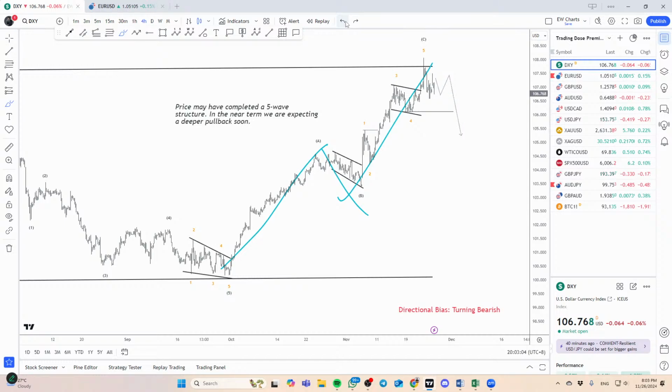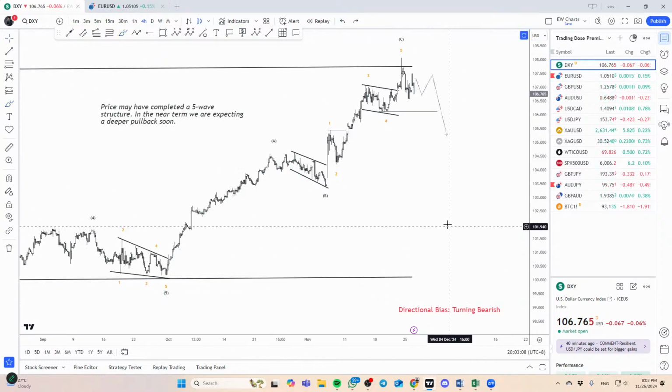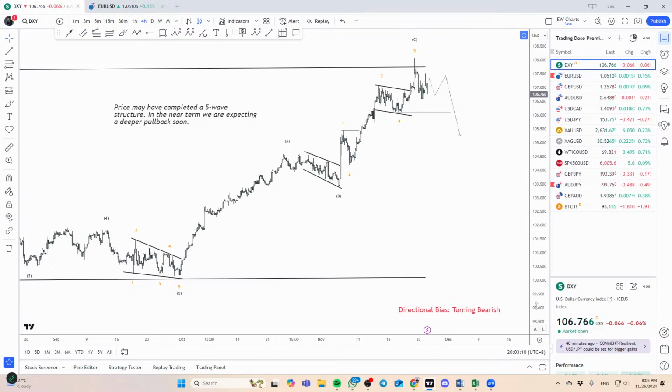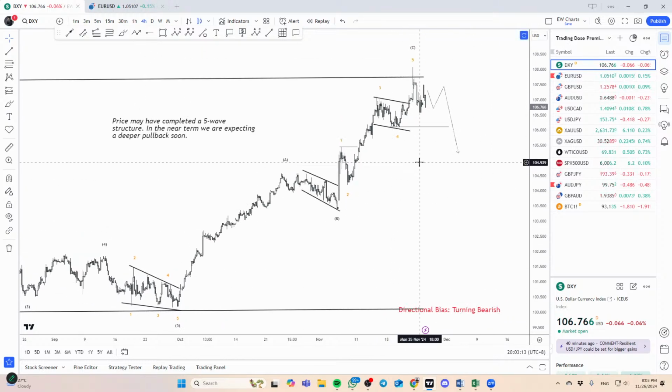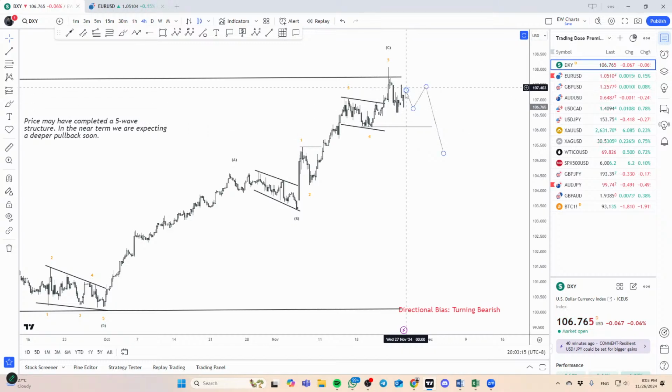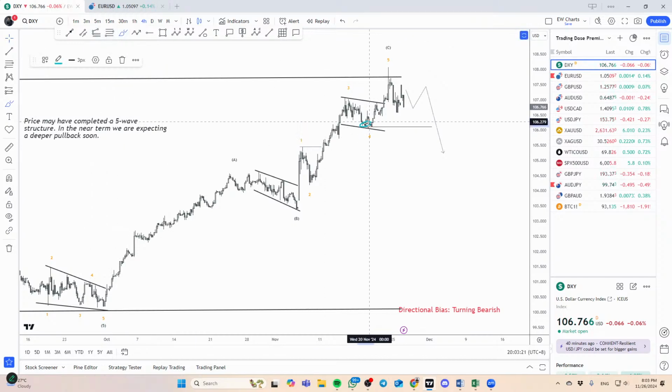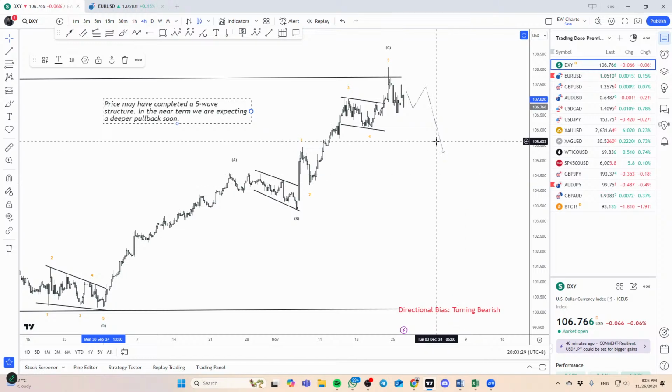Okay, so I think this week the focus would be more of a bearish perspective. I would say more specifically it is turning bearish. Okay, the confirmation we will likely want to see is price actually breaking this low at the 106 area to give us that extra confirmation that the downside is indeed there.